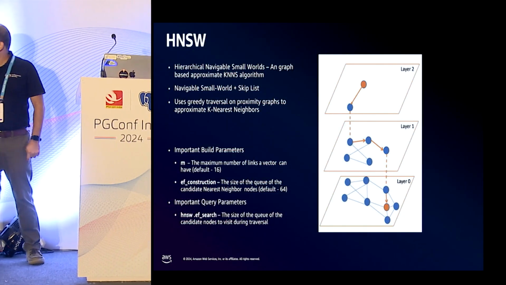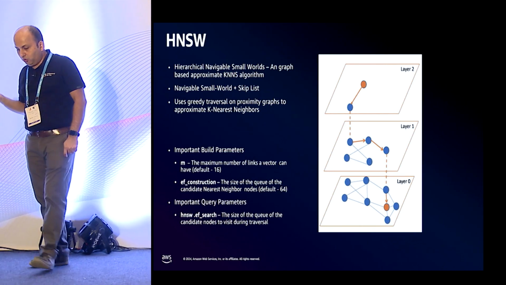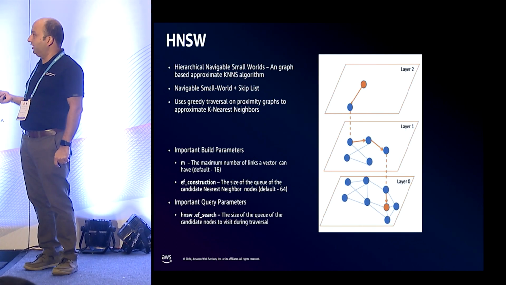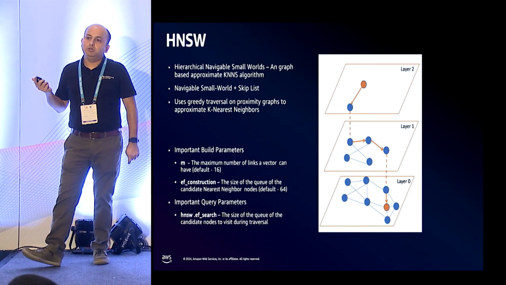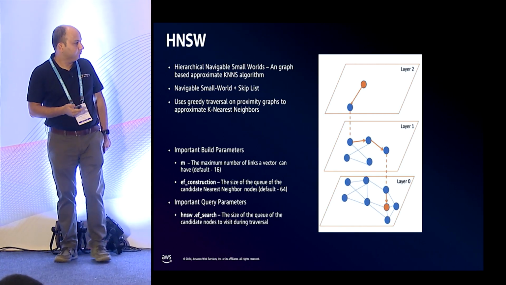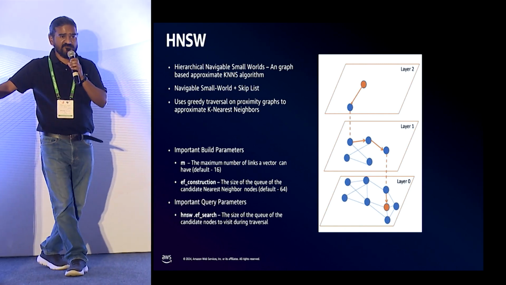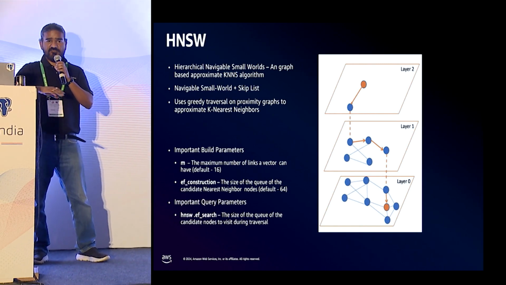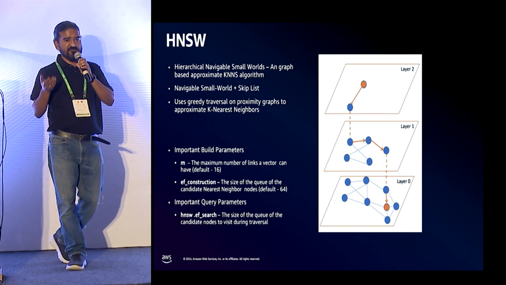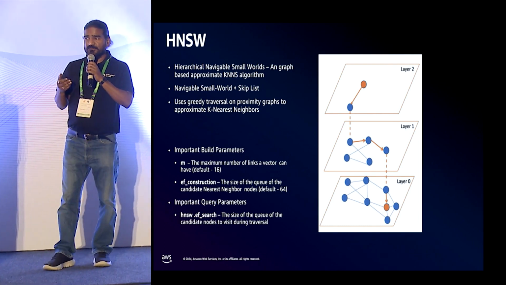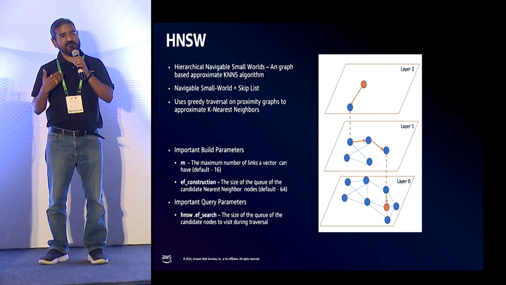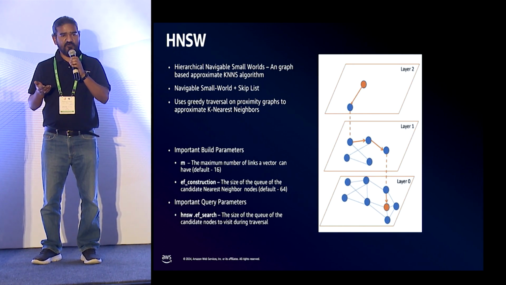That brings us to the topic of HNSW, the index offered by pgvector. As we talked about in the previous slide, we have to compare a vector with all the vectors, and it's time consuming. So what do we do to optimize the query?